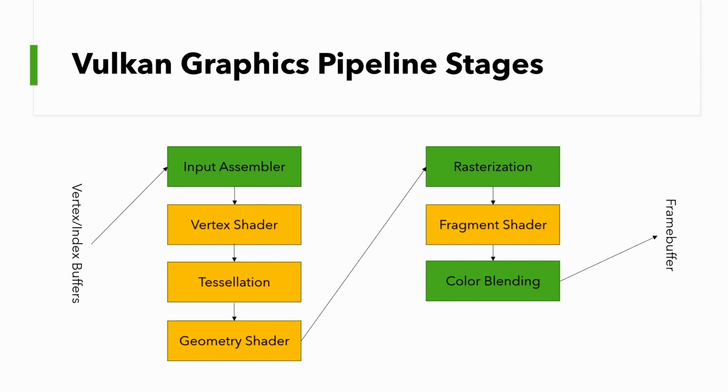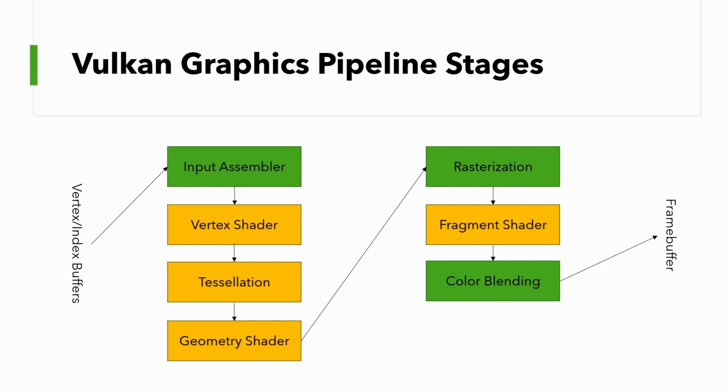Finally, we have the color blending stage, and this applies various operations to mix different fragments that map to the same pixel in the frame buffer. What this basically means is we can have more than one frame buffer that gets blended together. And this is essentially how transparency, for example, is handled, where we would draw a transparent object and then we would draw a non-transparent object behind that object and then blend the two together to actually get what the final color of that particular fragment or pixel should be.